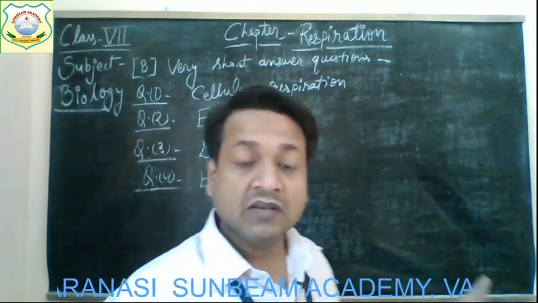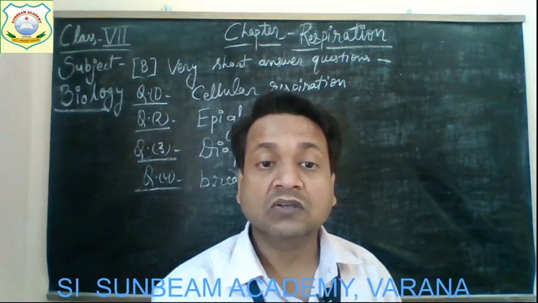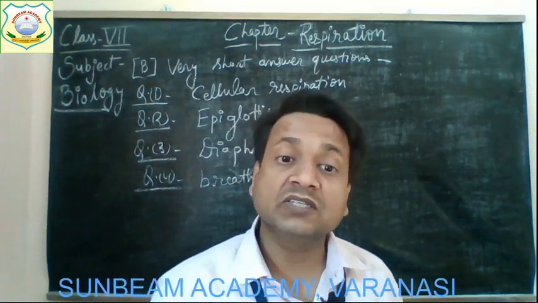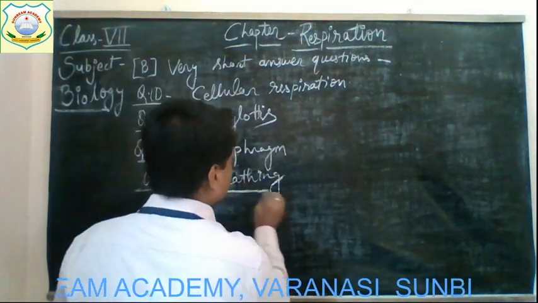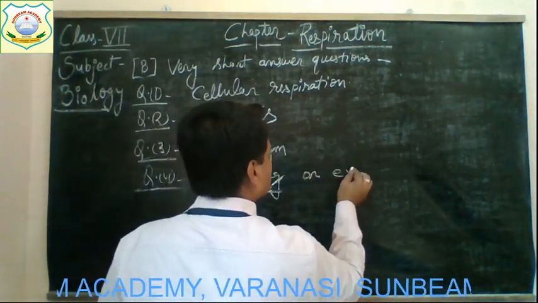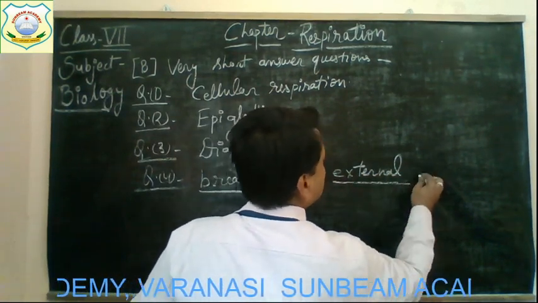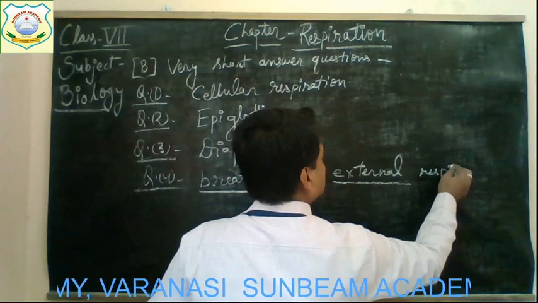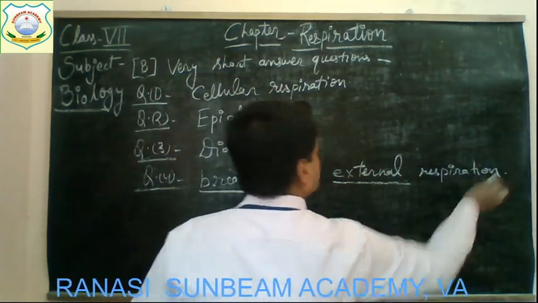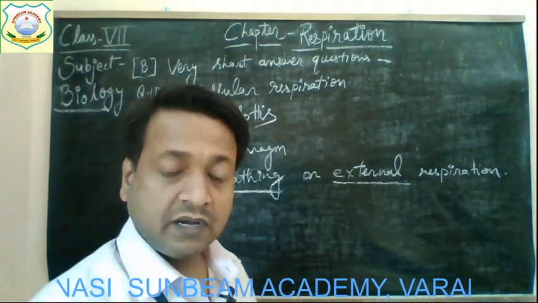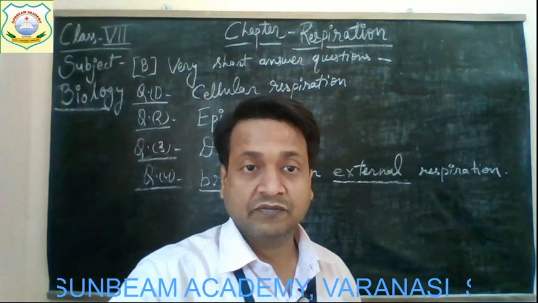So taking in oxygen and giving out carbon dioxide is called breathing or external respiration. Get it? Breathing or external respiration. Understood, children? Now, come to the next question number 5.